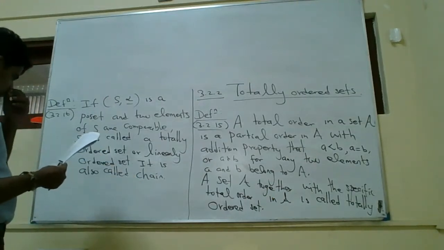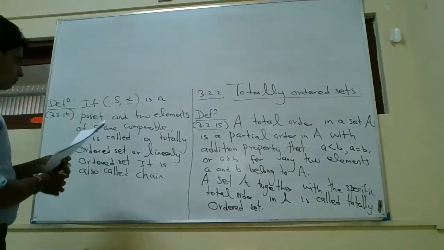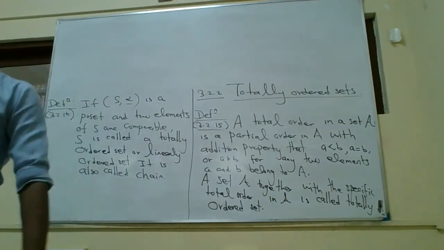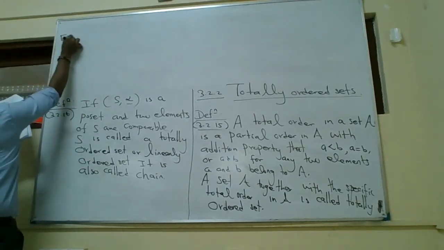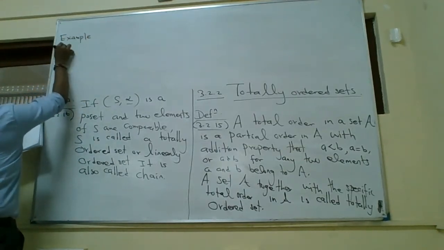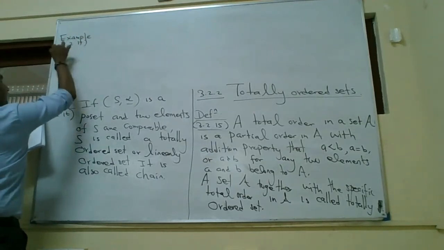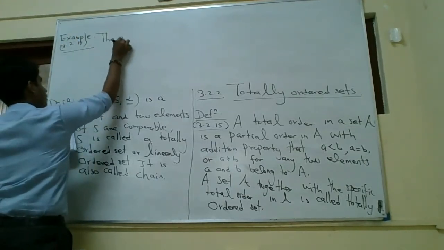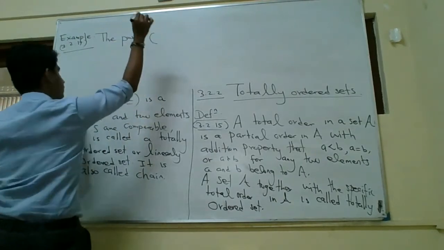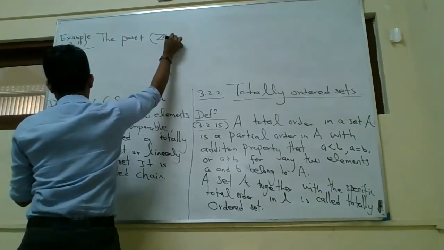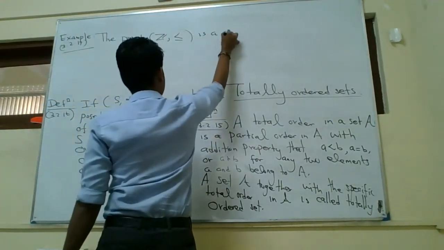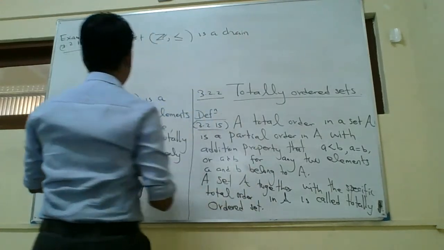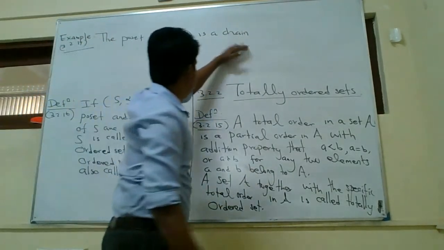Now let us do this example. You want to show that one is a poset and chain, but the other is a poset that is not a chain. To show a chain, you first check that it is a partially ordered set and also that elements are comparable.